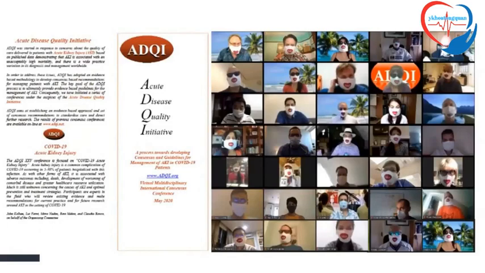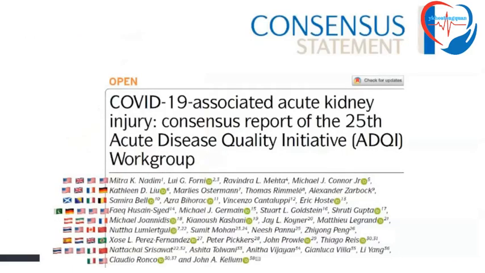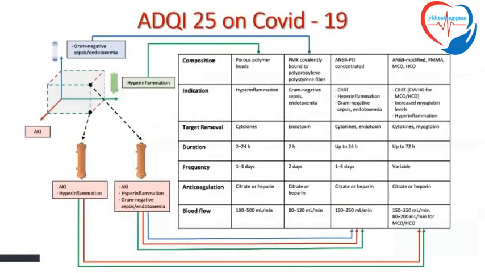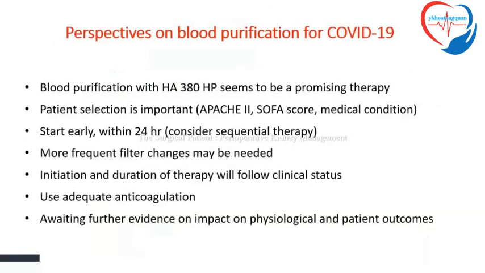This was the Acute Disease Quality Initiative that we did in a Zoom modality, because of course it was in 2020. We published a statement in Nature Reviews Nephrology, and in the end, hyperinflammation was somehow linked to the use of polymeric beads and hemoadsorption.